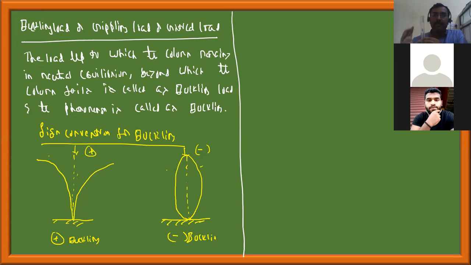Assume this scale that I am taking as the column. When I bend this column, how is the bending happening? Can you see how it is deflecting? It is deflecting in this way.